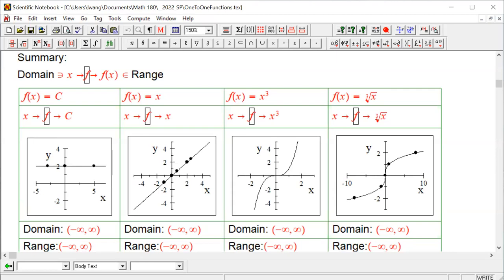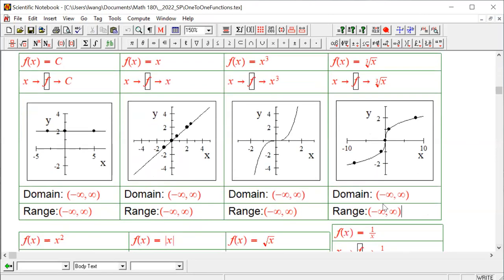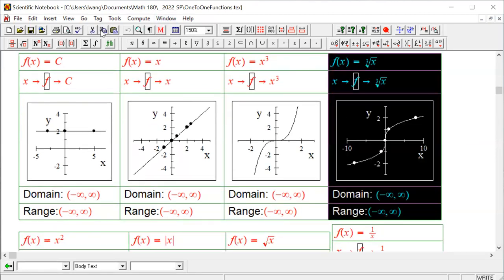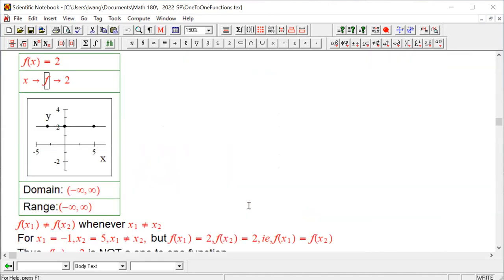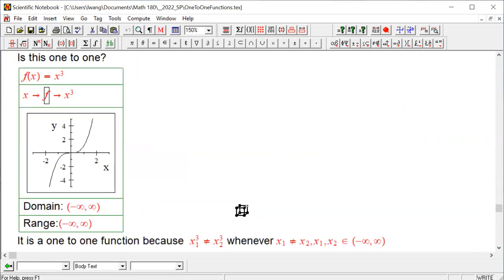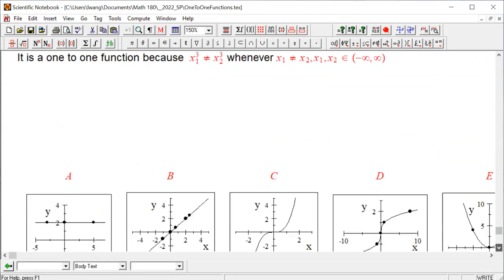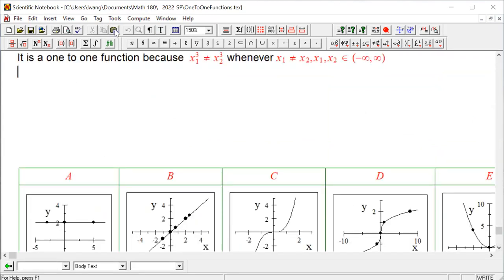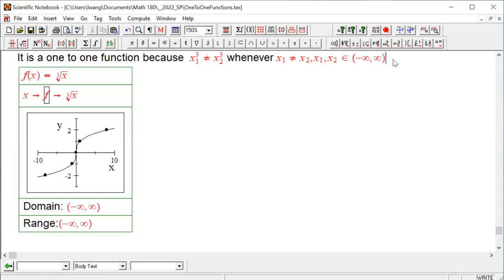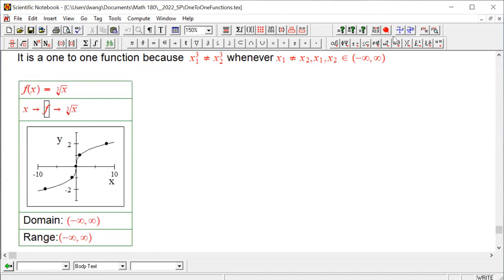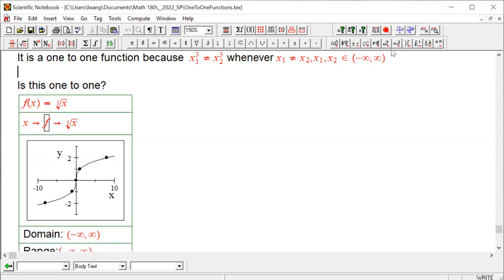Let's do another one. Is this one-to-one? How about this one? Is this one-to-one? Yes, it is, right? But how do you say it?